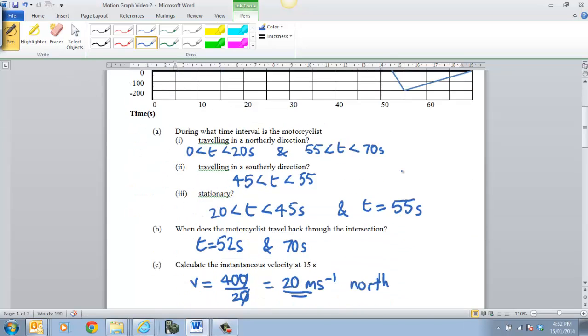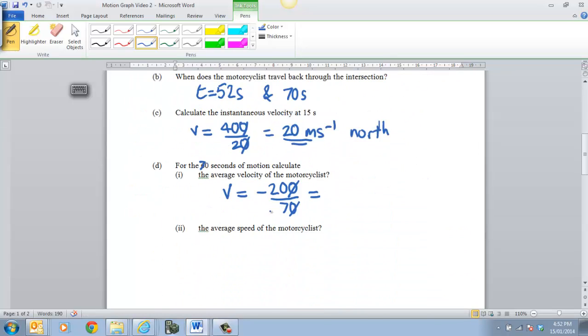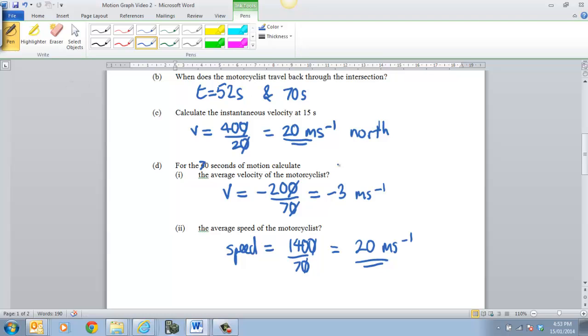So it's travelling 1400 metres, so our speed is equal to 1400 all over 70. So that's going to work out to be 20 metres per second. The average velocity is roughly just under 3 metres per second, and that's going to be minus because it's moving in the negative direction.